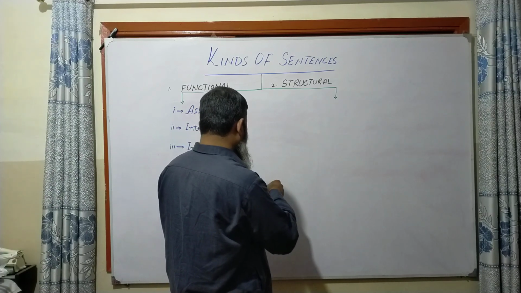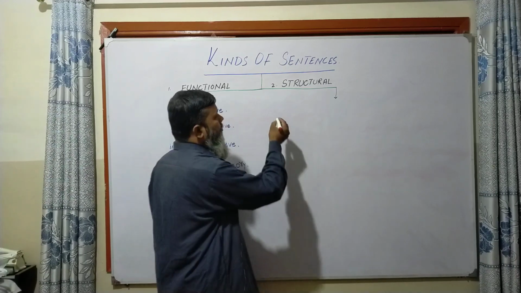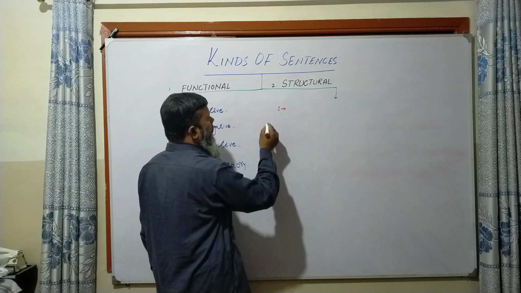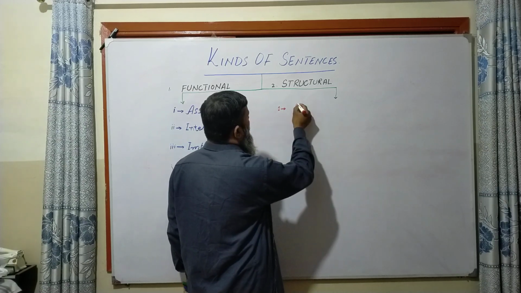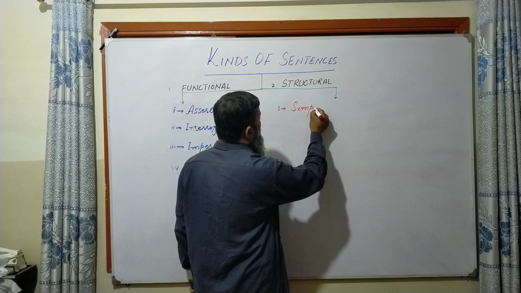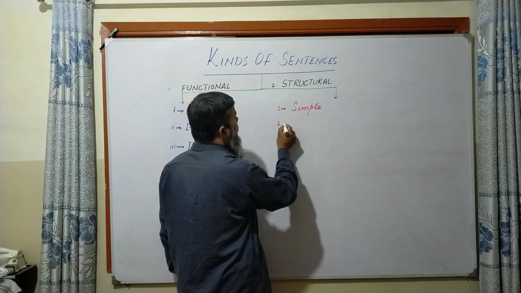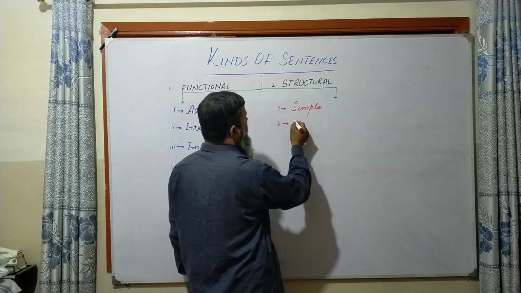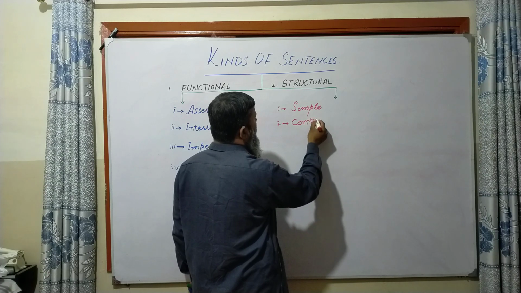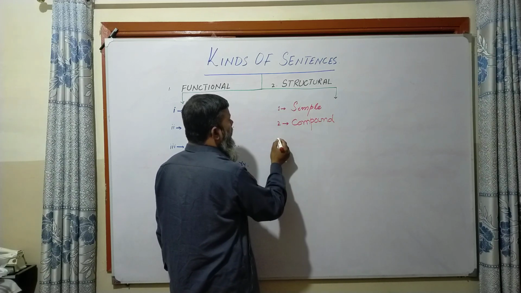Look, the structural kinds are here. Number one is simple sentence. Number two is compound sentence.